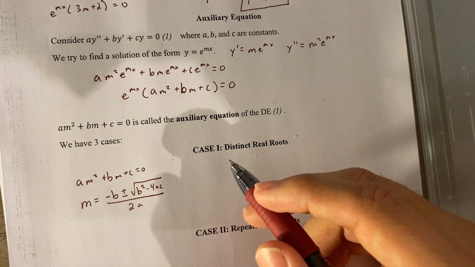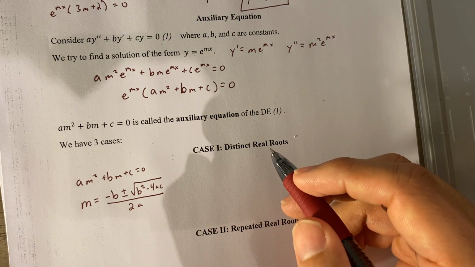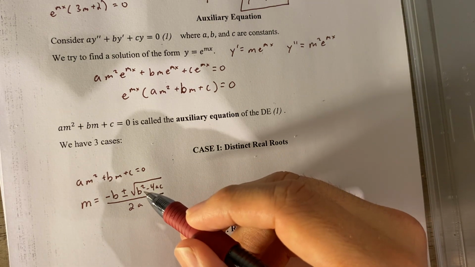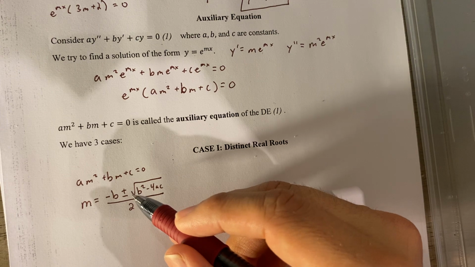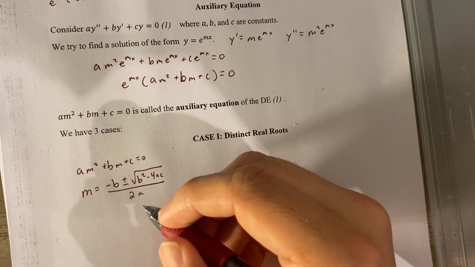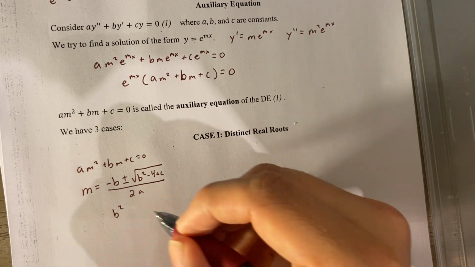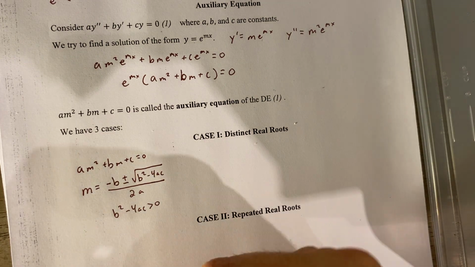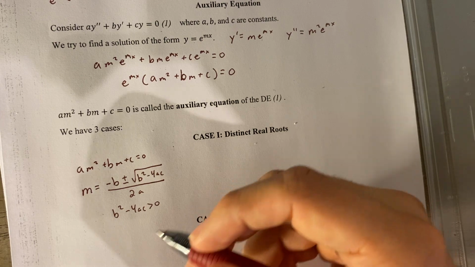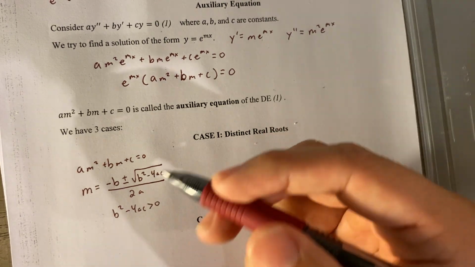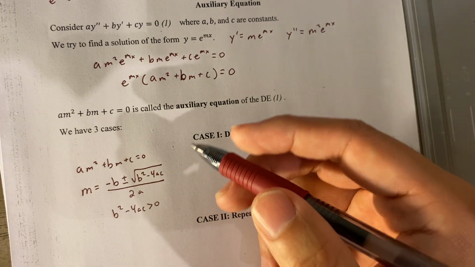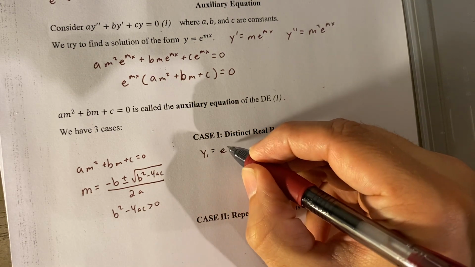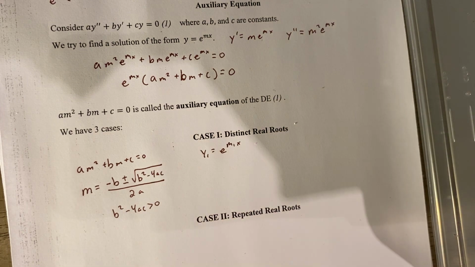In the case of getting distinct real roots, what will happen is that our discriminant, the expression underneath the radical, has to be greater than 0. So b squared minus 4ac is greater than 0. This means that we'll get two distinct real roots, and so we'll find two solutions. We'll have m sub 1 and m sub 2. All right? And so our first solution, y sub 1, is just going to be e to the m sub 1 x.